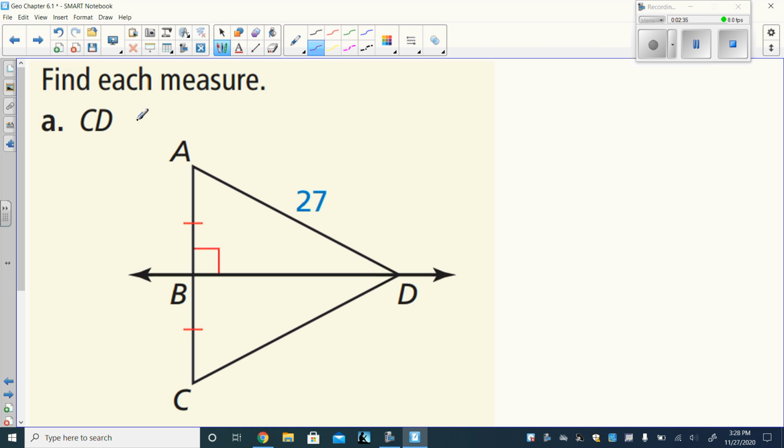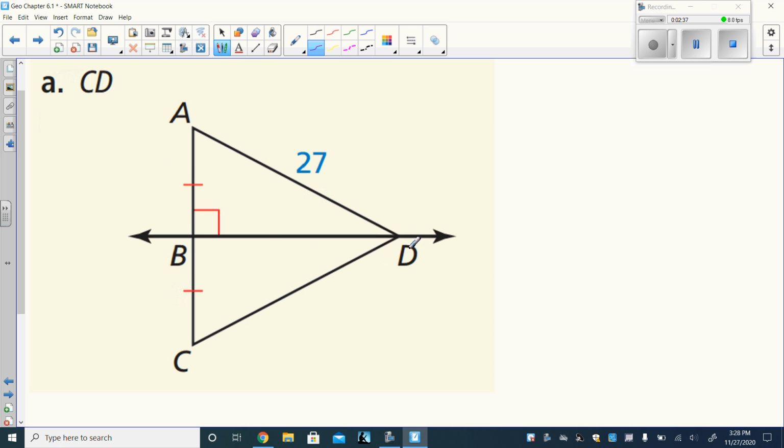Okay, let's look at the next one. We want to find the measure of CD. Looking at this, point D lies on this line here, and it's a perpendicular bisector. These two here are the same, so this line cuts it in half, and it intersects at a right angle.